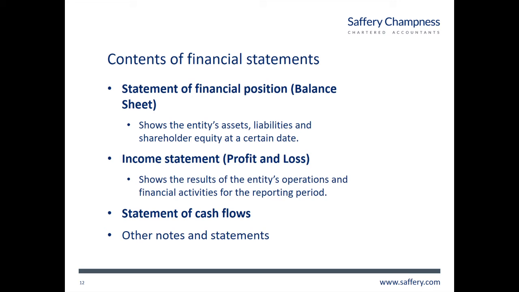This will include all your income and expenses. And a statement of cash flows, which summarises the cash flowing into and out of the entity. We will look at an example of these on the next few slides. You may also see a statement of changes in equity and other notes, such as the accounting policies or detailed notes to support the figures in any of these primary statements.